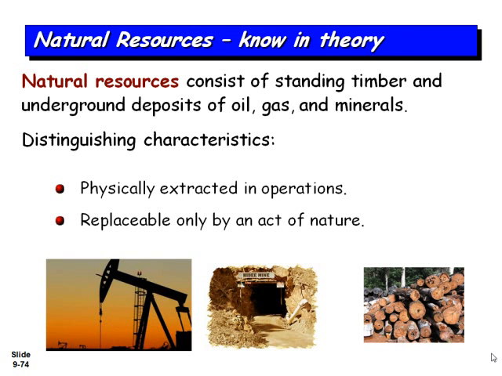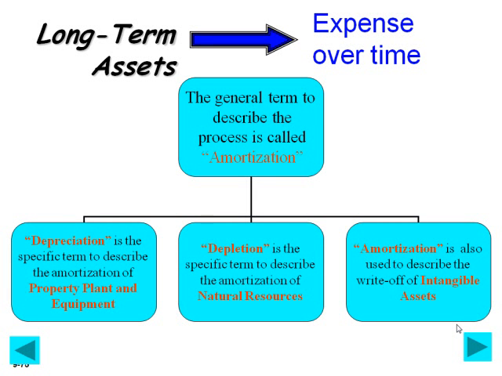So if you mine gold out of a mine, eventually you've mined all the gold in the mine. If you are pumping oil, eventually the oil well will run dry. And if you're cutting trees, it will take time to replenish those forests. So in this chapter, we have dealt with depreciation, which deals with tangible assets.